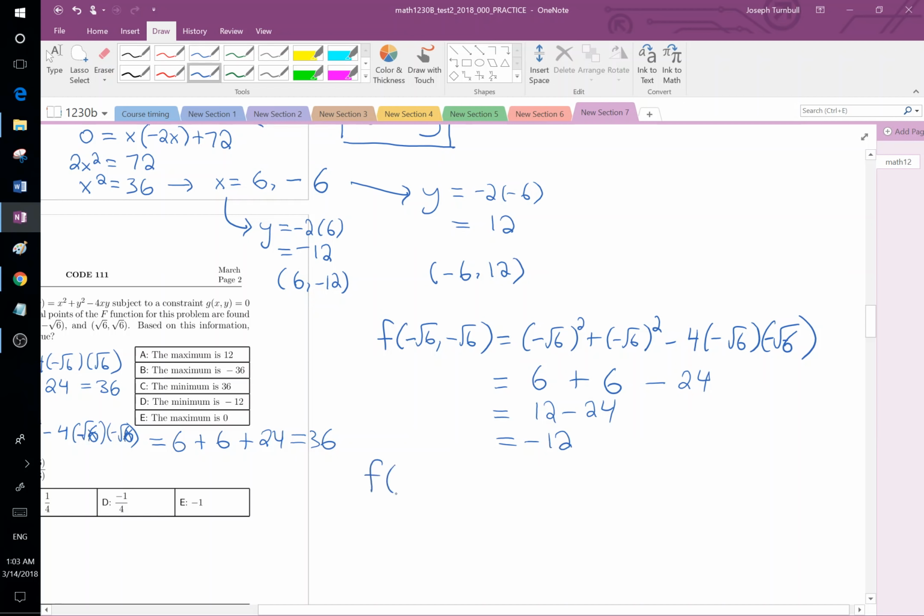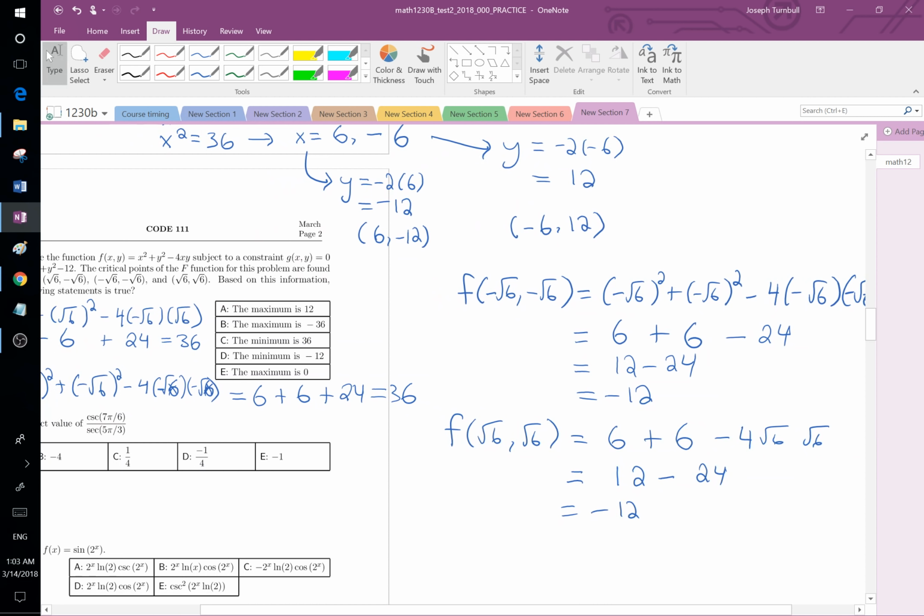We have to plug in the last critical point, root 6, comma, root 6. And when we do that, we're going to get positive root 6 squared, 6, and then another positive root 6 squared, 6, and then minus 4 times root 6 times root 6. So 12 minus 24 again, which is negative 12.